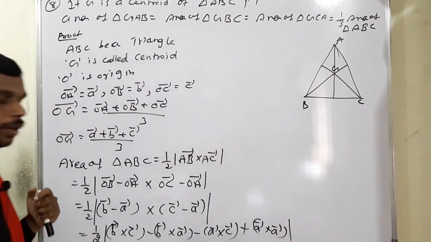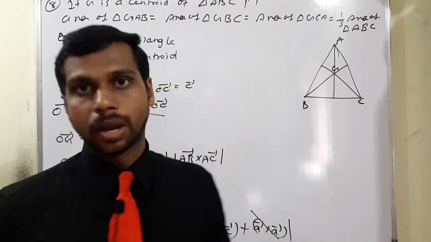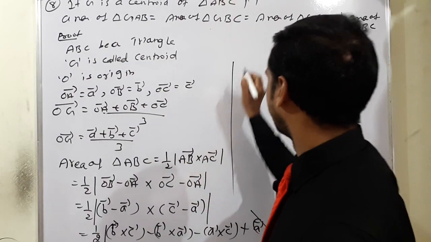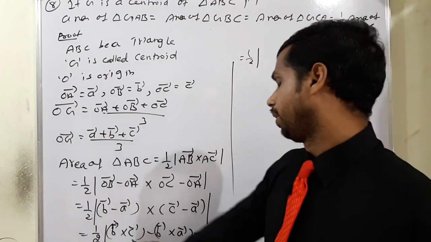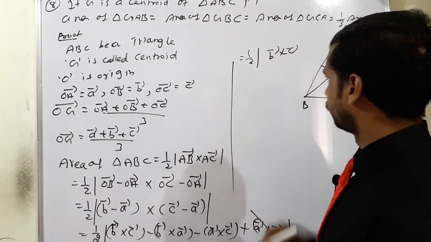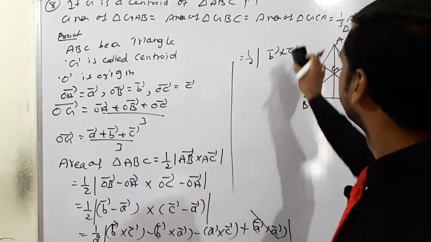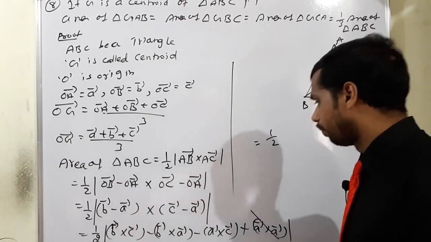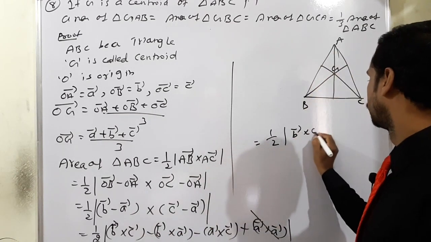Whenever you take the cross product of like vectors, the value is 0, so we cancel it. The remaining terms: half into modulus of B vector cross C vector, and so on. I will write it here, half into modulus of B vector cross C vector.